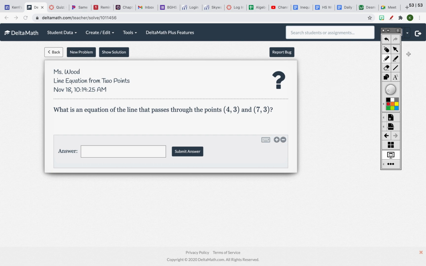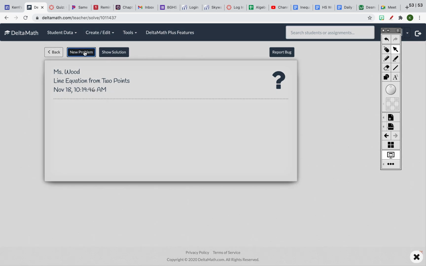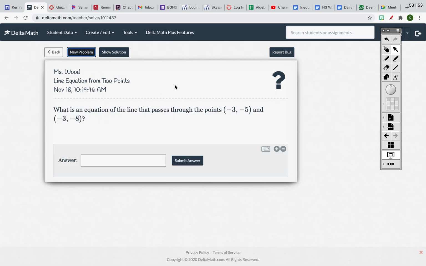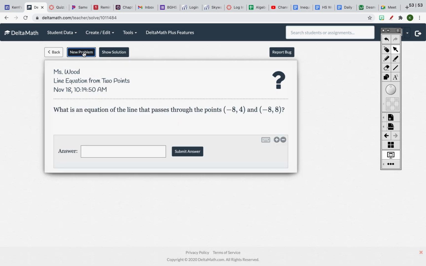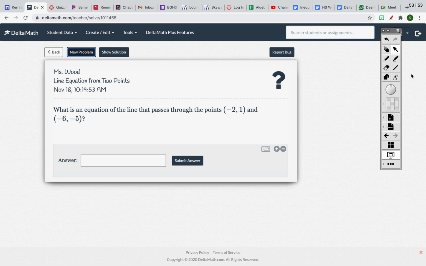That one's going to have a 0 slope, so I want to get a new problem. That's going to have an undefined slope. Undefined slope. There we go.